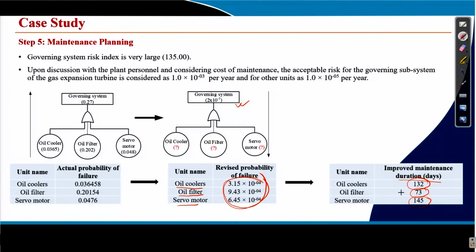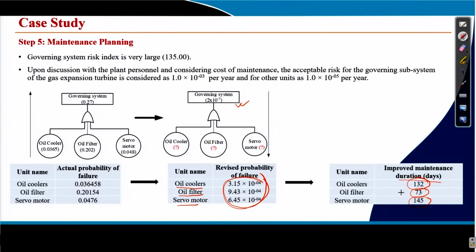Assuming that maintenance will reduce, so now it is basically 0.0364, and this is the failure probability. Maybe you are maintaining based on manufacturer data, maybe once in 5 years or 3 to 5 years, but that is not possible. Now you have to reduce the maintenance schedule, you have to do much more frequent maintenance of these components.